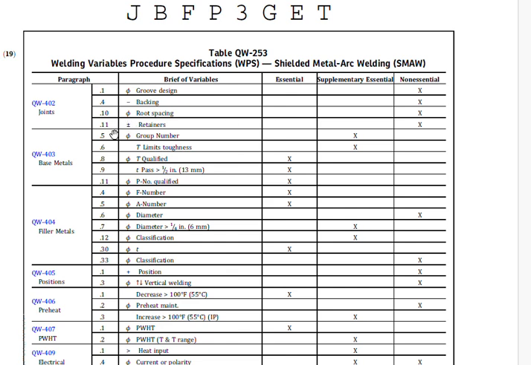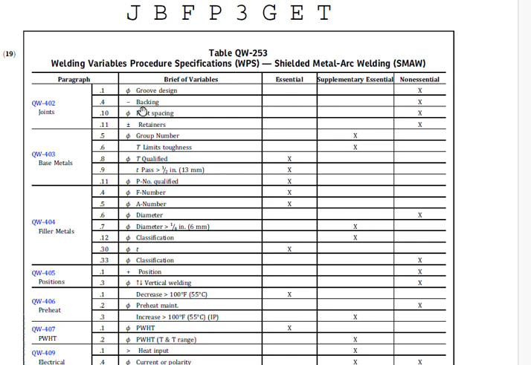Like if we are talking about joint design, if we change the design of any material, any plate, any pipes, is there any impact on the mechanical property? Definitely not, because the type of joint does not depend on the mechanical property.